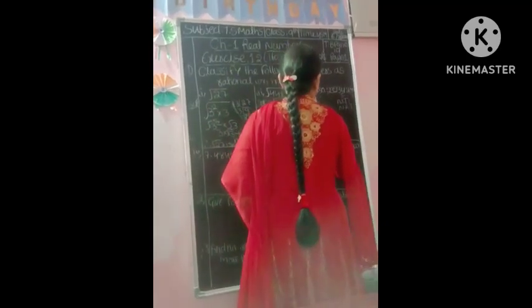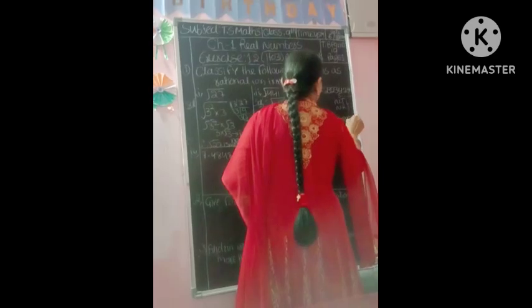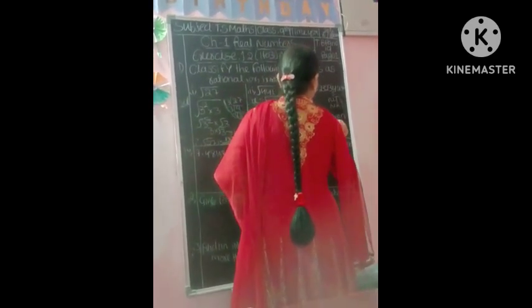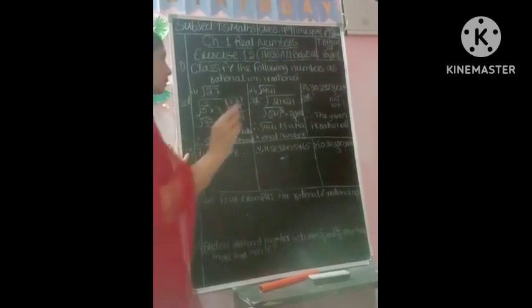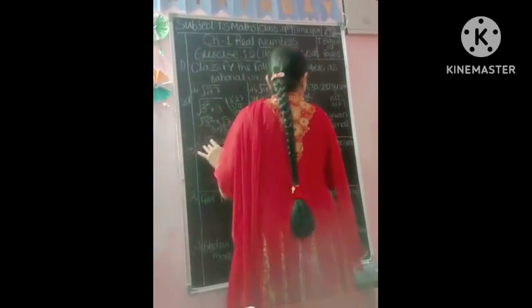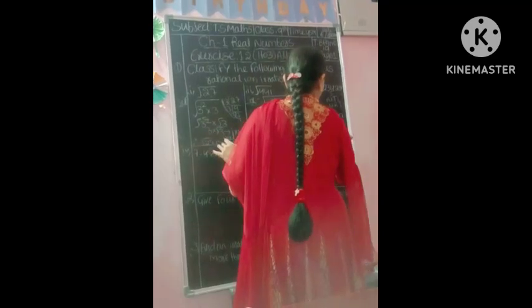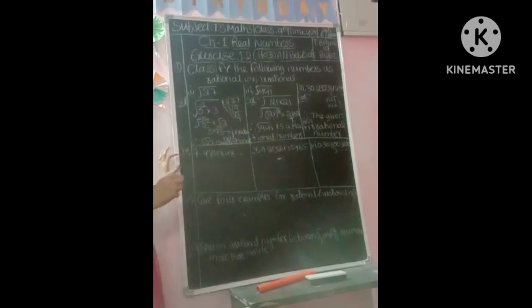This type of number, the given number, is an irrational number, because it is non-terminating and non-repeating. Next we will go to the fourth one.